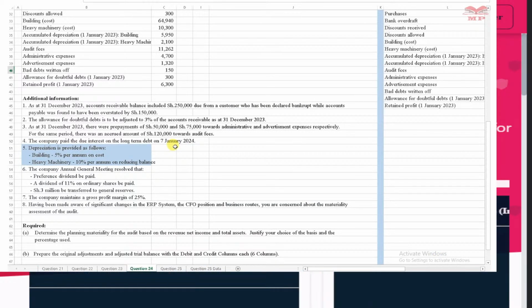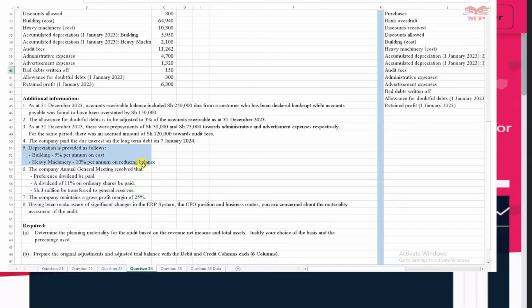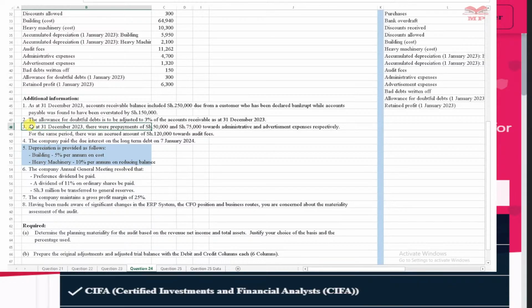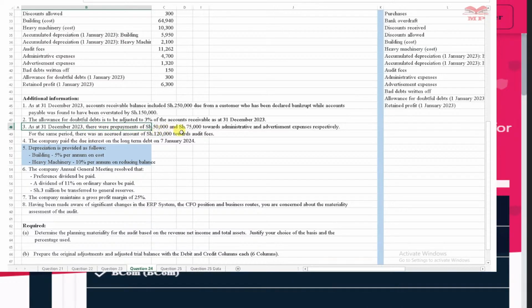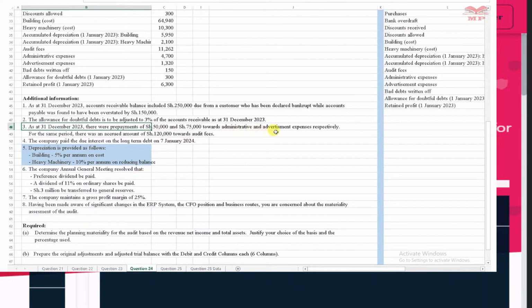We can come over here and analyze number 3. Yes, let's look at number 3. As of 31st December 2023, there were payments of 50,000 and 75,000 towards administrative and advertisement expenses, respectively. We're going to come to that.